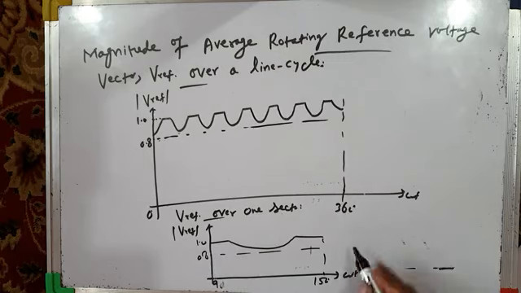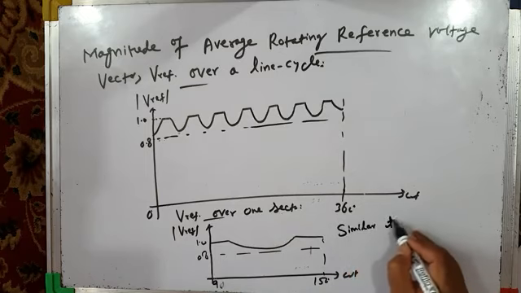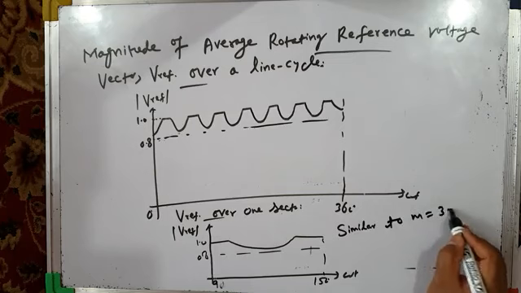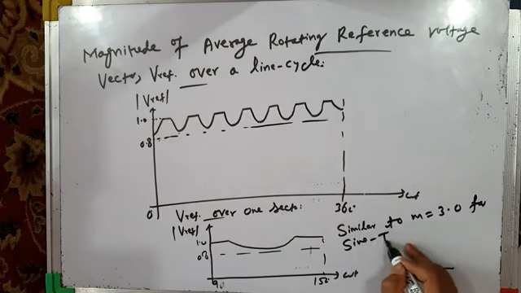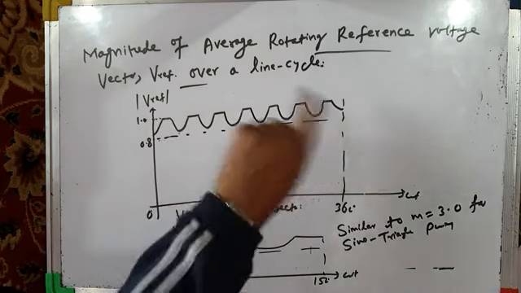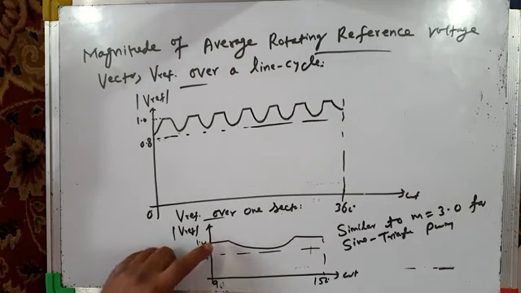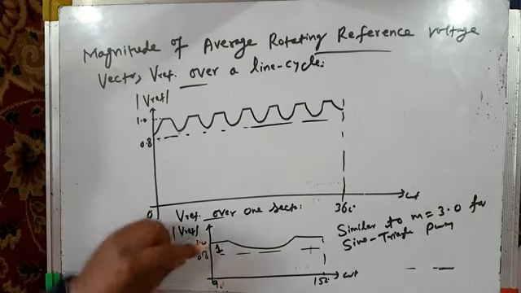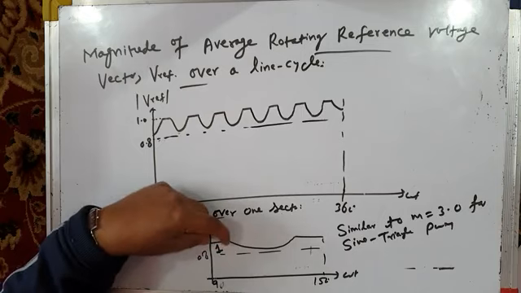It is similar to m equal to 3 for sine triangle PWM. In sine triangle PWM, we got similar variation of rotating reference vector over one sector and over one line cycle. And here you can see active vector 1 will be applied for a longer period of time. That's why its magnitude is constant.